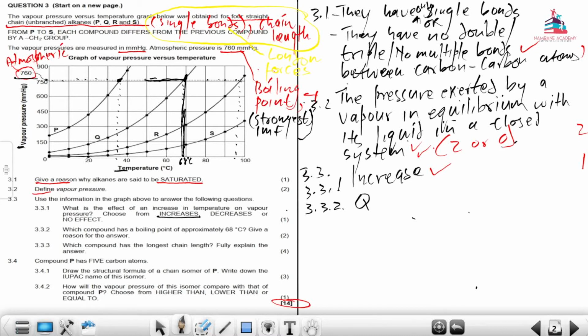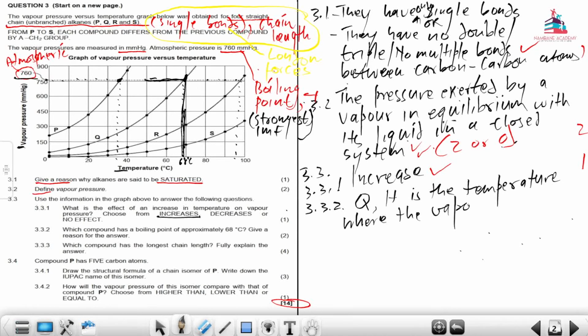Then they say give a reason for your answer, and the reason is: it is the temperature where the vapor pressure equals the atmospheric pressure.